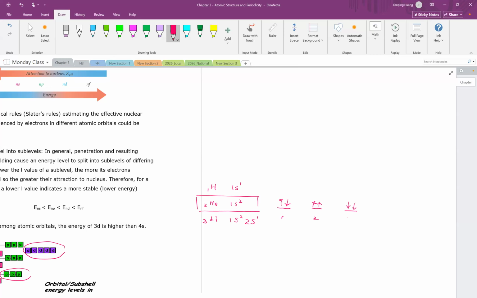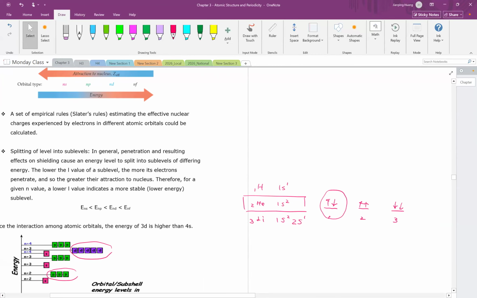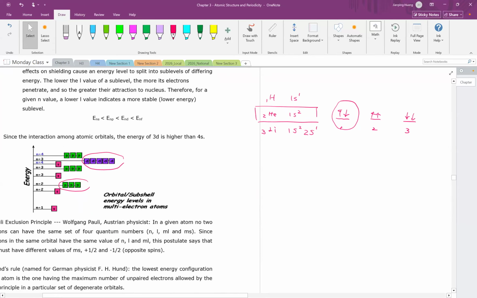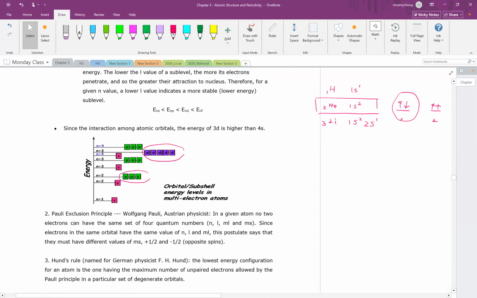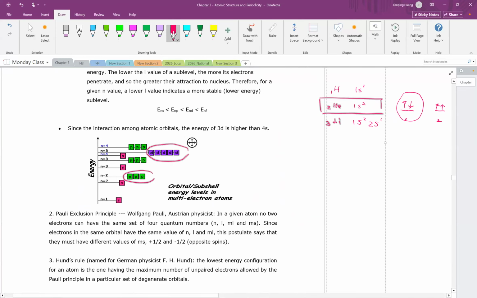One, two, three. Which one is right? Which one is right? 1, 2, or 3? It's this one. Why? So that's the second principle, the Pauli exclusion principle.